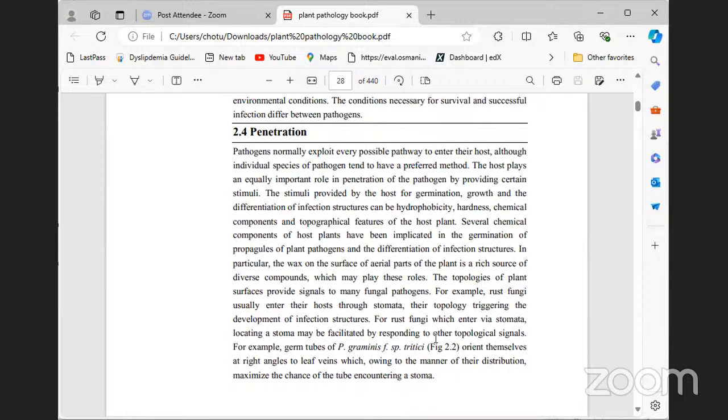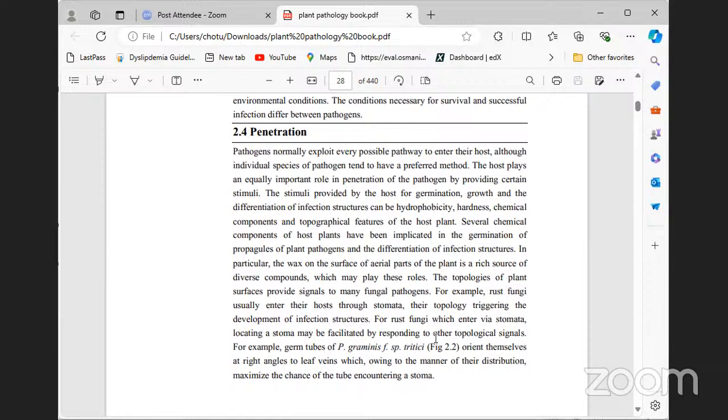For example, germ tubes. Puccinia graminis tritici is the best example, causing the rust disease.